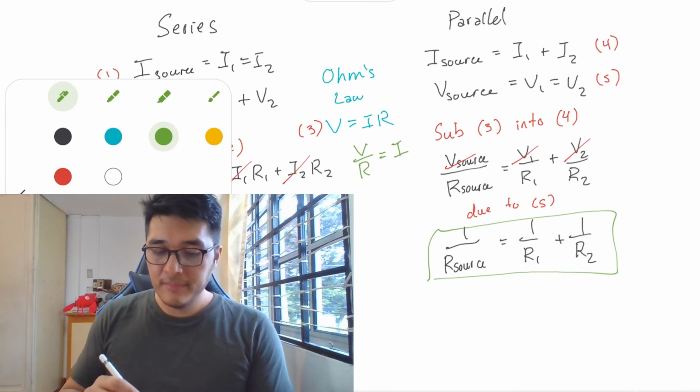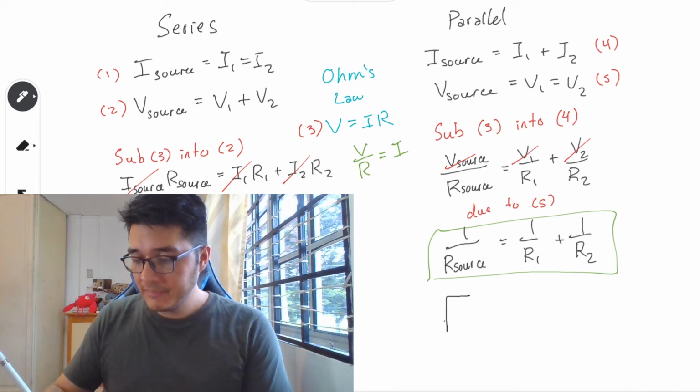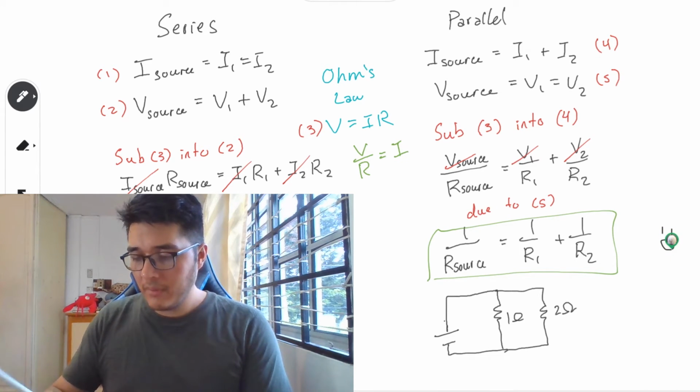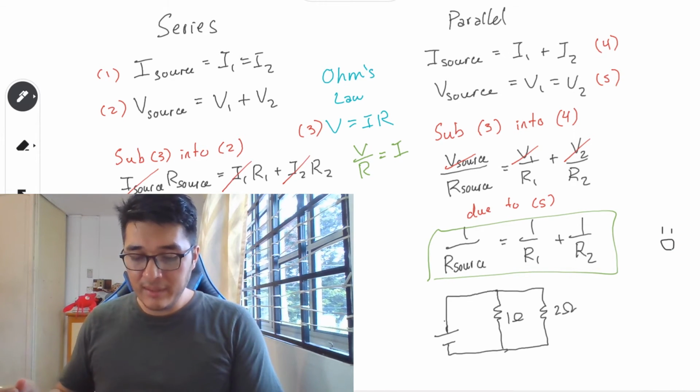Okay, so as a quick example, what will be the R source in this particular configuration?